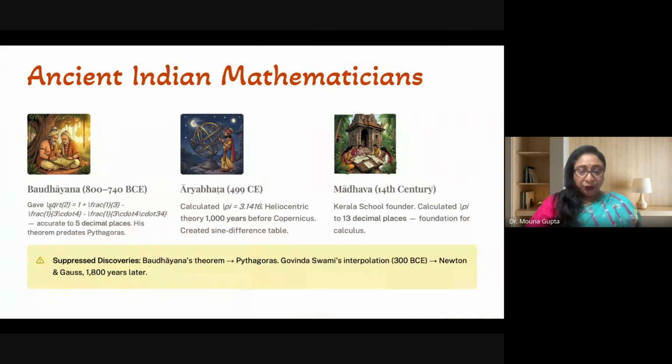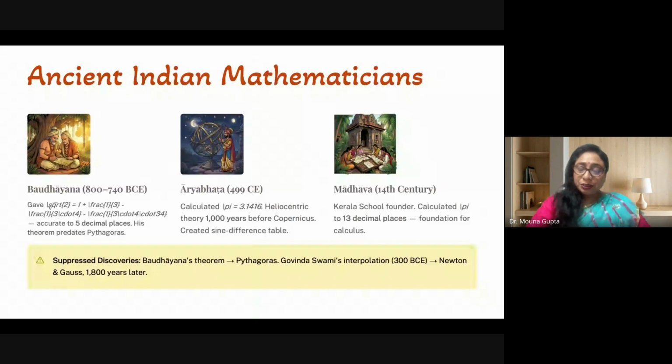And when we talk about ancient Indian mathematicians, the names we have heard are Bodhayana, Aryabhata, Madhava. We have heard these names, but I would like to mention here, we are all aware of the Pythagoras theorem.